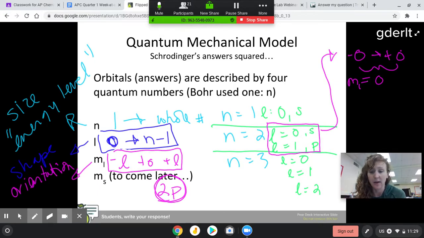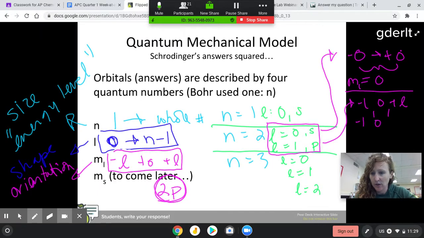Let's look at the dumbbell. Okay, so dumbbell can be anything from negative L to positive L. So negative L, 0, positive L, which means negative 1, 0, positive 1.